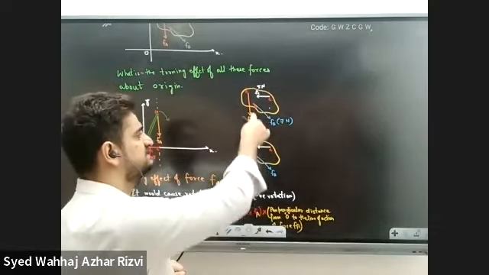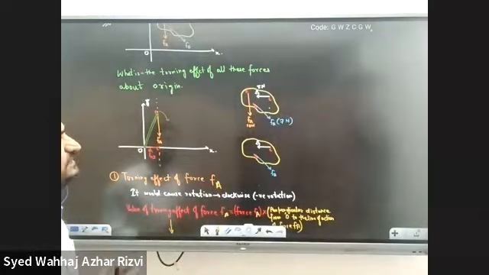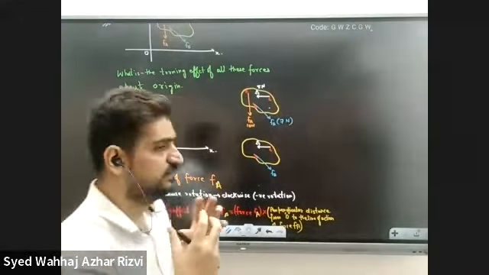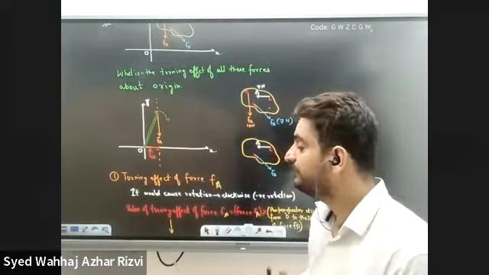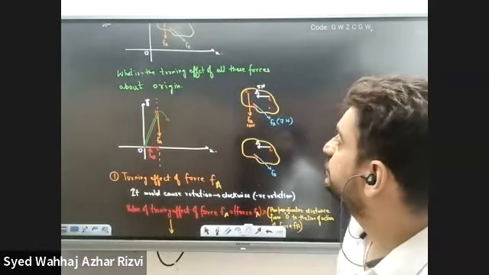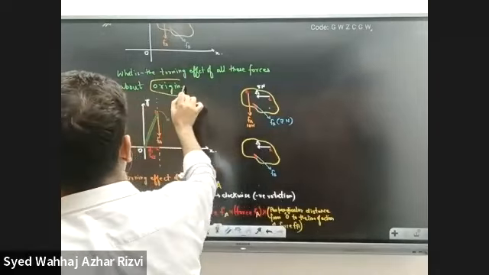And the FB is in this direction, and FC is in this direction. So the question is, what is the turning effect of all these forces on this body? And we have to also specify about which point we are trying to find out the turning effect. So here it is given that we have to find the turning effect about the origin.